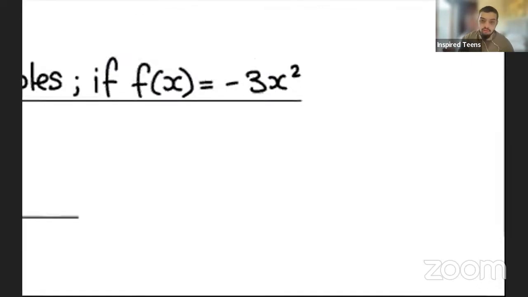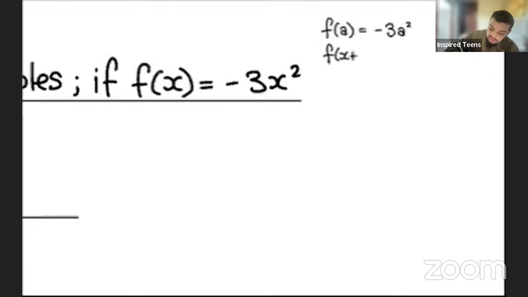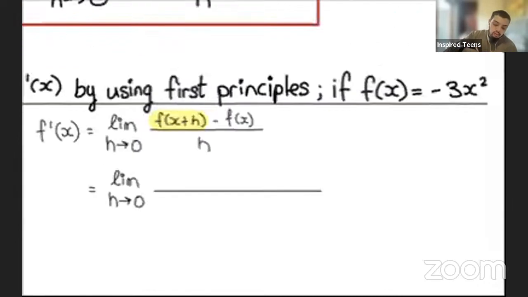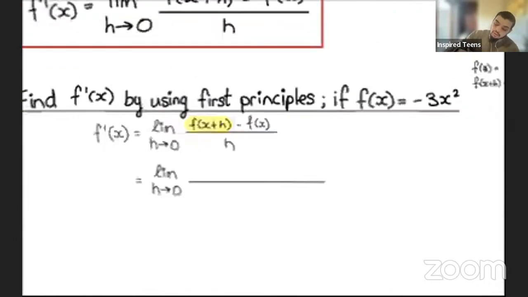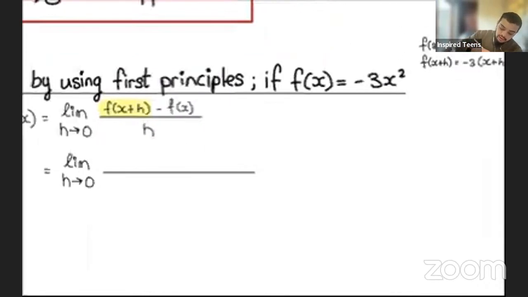If I had to say f of a, this would be equal to negative 3a squared. So wherever x is, we replace it with a. In this case, wherever x is, we're going to replace it with x plus h. So negative 3 times x plus h squared. Wherever we have x in our term, it's like we're substituting x plus h in order to get f of x plus h.